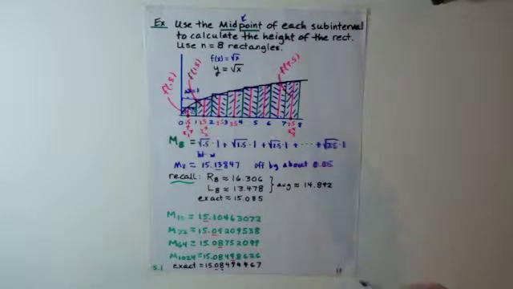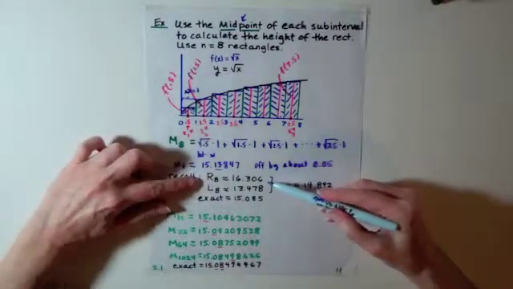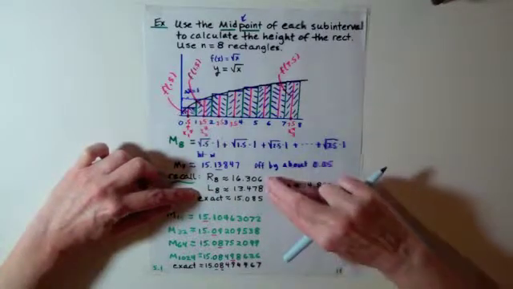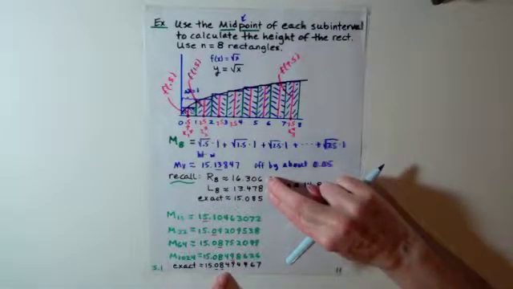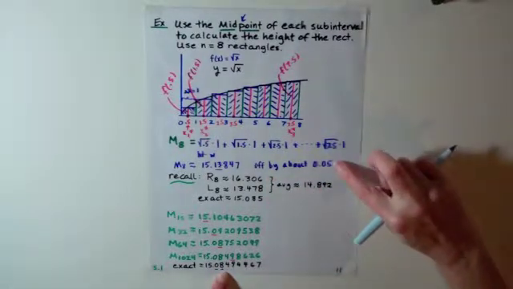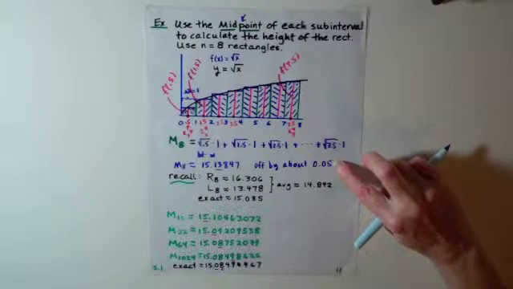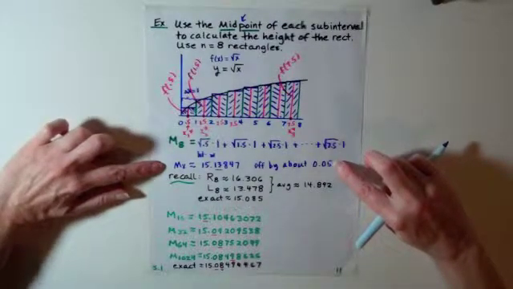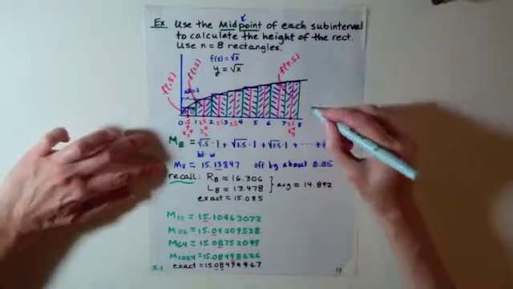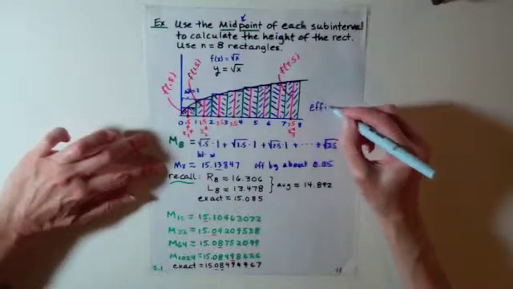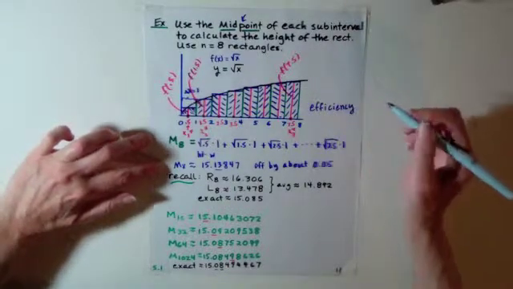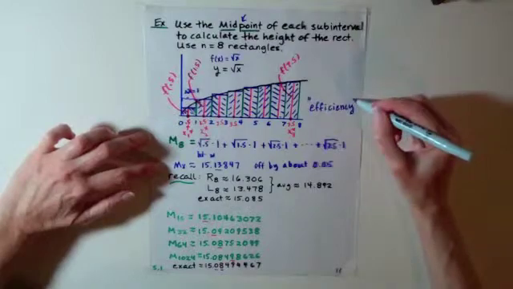If you remember, when we did R sub 8 and used the right-hand endpoints and L sub 8 and used the left-hand endpoints, these were off from the true area by more than a whole unit. And here we're off by only around 5/100ths of a unit. So this M sub 8 is actually a huge improvement in what's called the efficiency of our approximation.